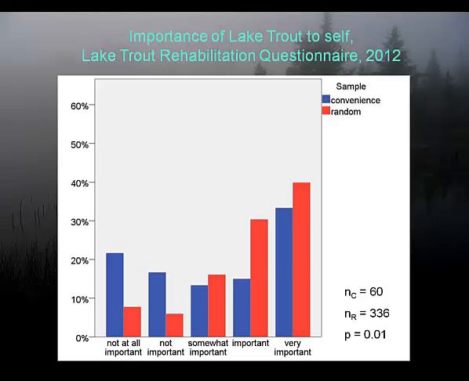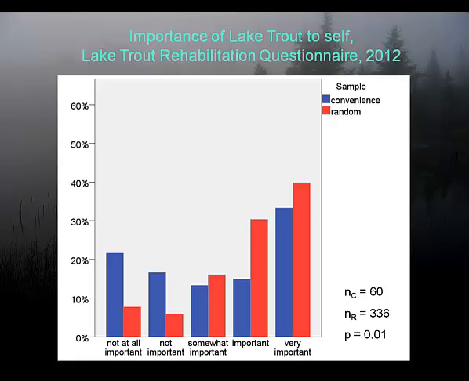So this is the convenience sample, 60 responded to this question, then the random sample, and then the probability that the samples came from different groups. You can see in this question there was a very high amount of people that said the lake trout were very important to them as an individual.